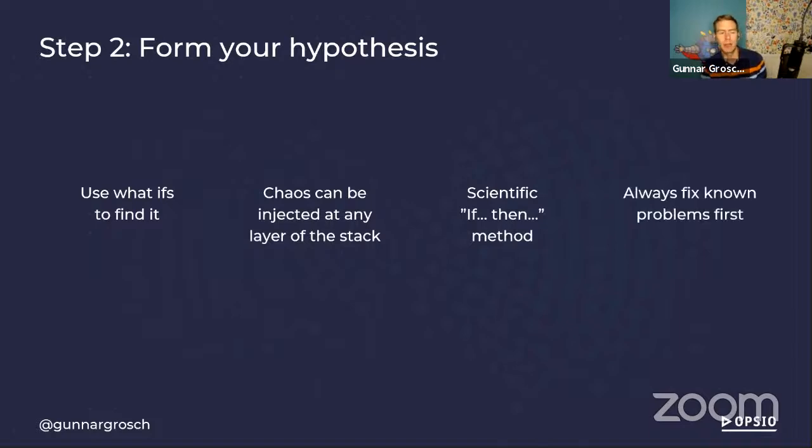And when we're creating these hypotheses, it's quite common to find known problems already before we actually do an experiment. So if we find that this hypothesis ends up in a problem, well, then we just fix those problems before we go ahead with this hypothesis and experiment.